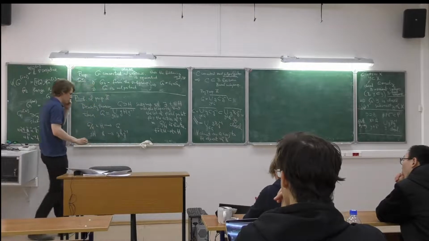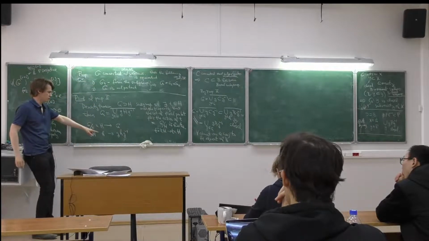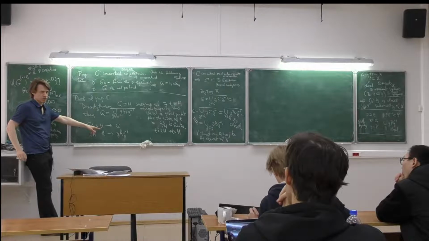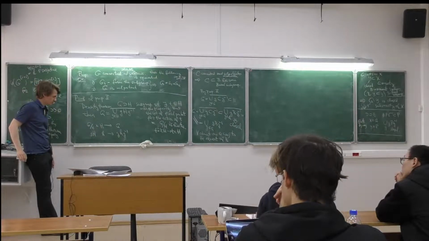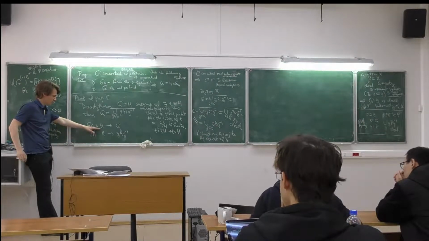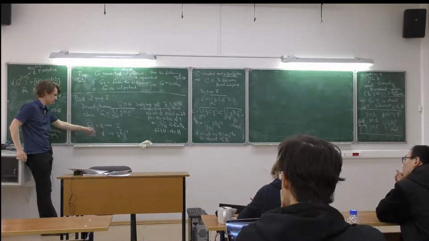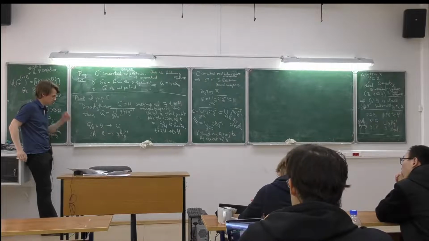I mean, this is not a well-defined action, but this is a well-defined map of varieties. So this can be viewed as a map of varieties.